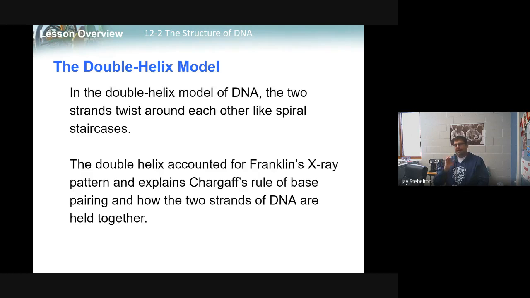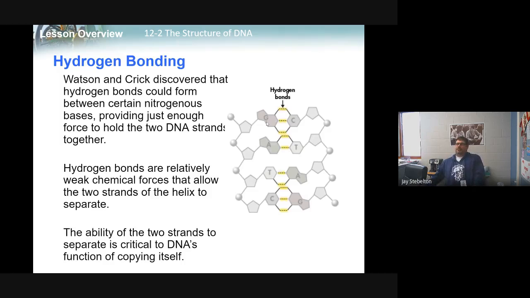I am throwing out a lot of names here, but really just know that Chargaff came up with the percent of bases equal to each other. Rosalind Franklin had the X-ray picture, and Watson and Crick were the first to create the model that showed the double helix.